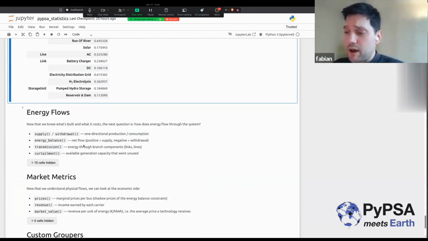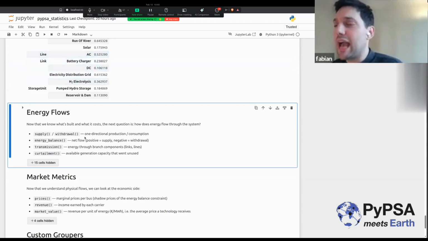So now we talked about costs and capacity factor, and what's naturally remaining, as I would see it if I come from power flow analysis, is: what's the operation? We talked about the relative operation here, but what's the actual supply, and how is the system transferring energy between buses?